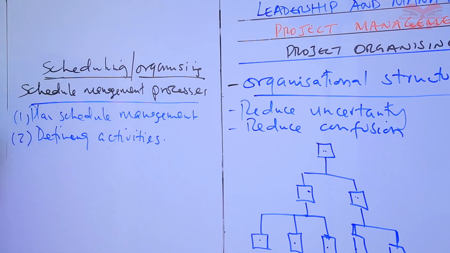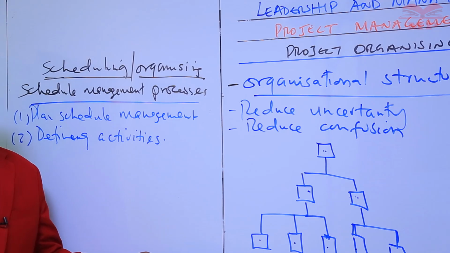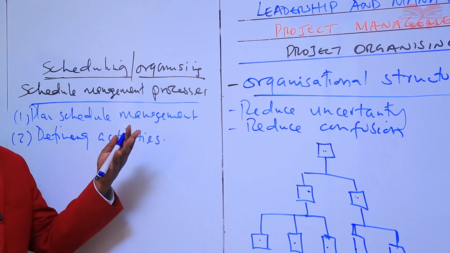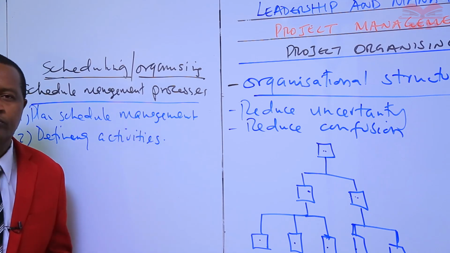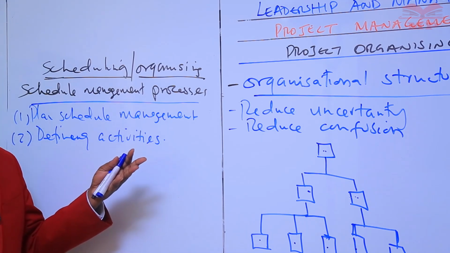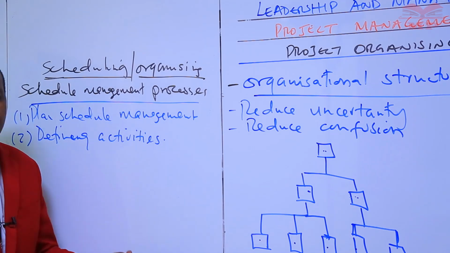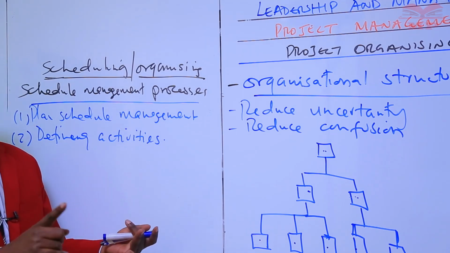For example, if it is building a factory, the activities that will take place, like preparing the foundation of the building, we have purchasing of materials, there are different technicians that may be required on the building. We need the activities that are carried out by the architect.